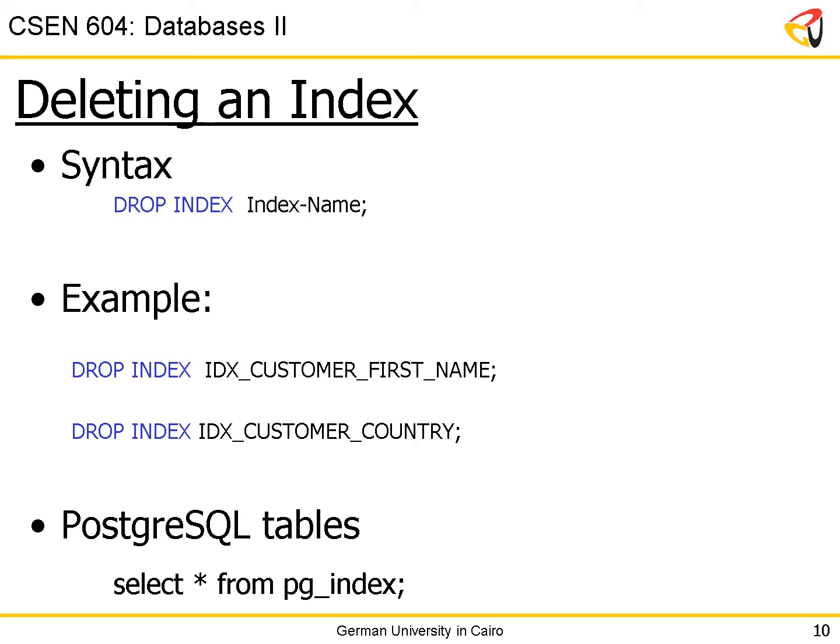But that means we are going to slow things down, because if I was inserting only in the table before, now I have to insert in the table and the index, so I'm taking more time. Now why are we then creating indices? Because it will speed up the search, the select, significantly. So we will tolerate the slower operations in terms of insert, delete, or update, for the gain in speeding up the select.